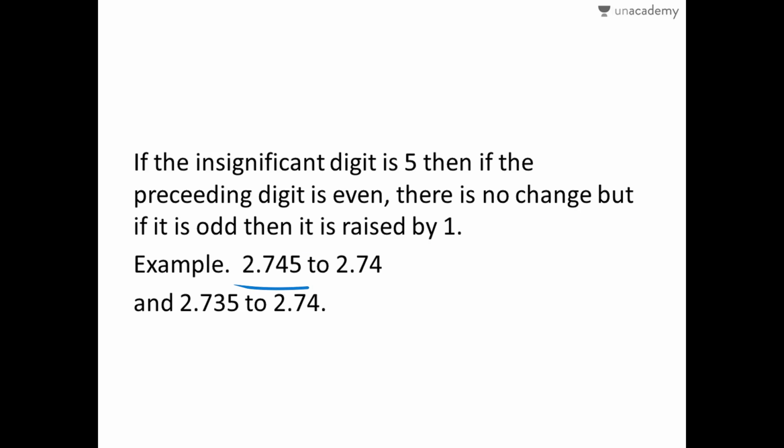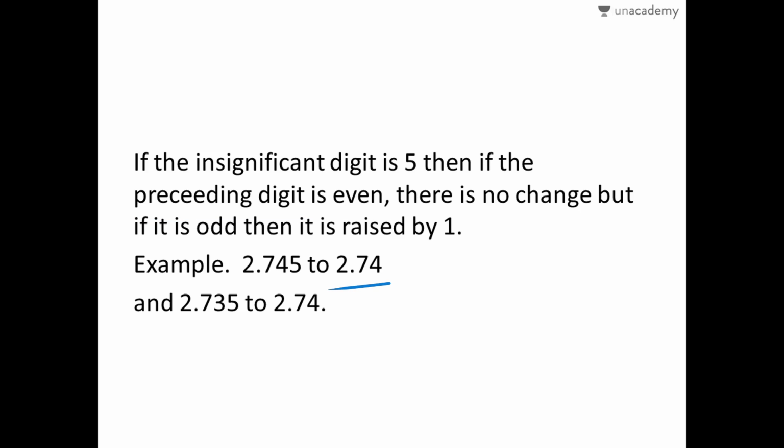If you round off to a number with 3 significant figures, you will have 2.74, as this 5 is here and the penultimate number is 4, which is even, and so as we saw here, it is left as such, that is 2.74.